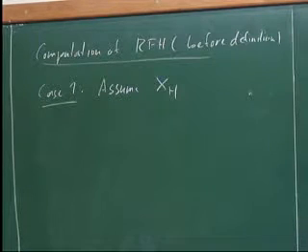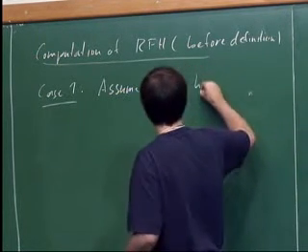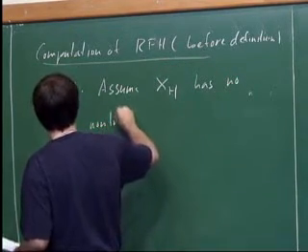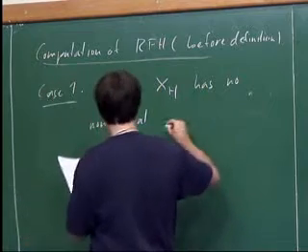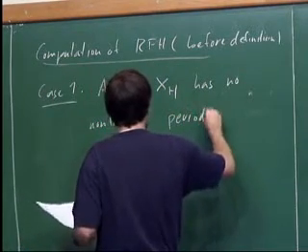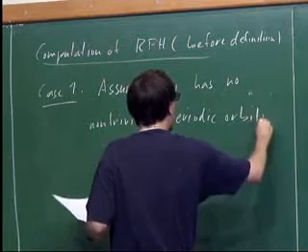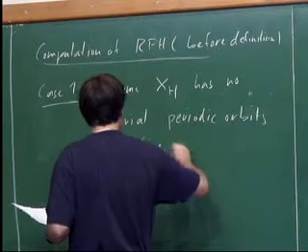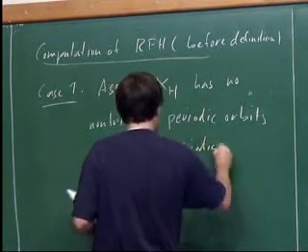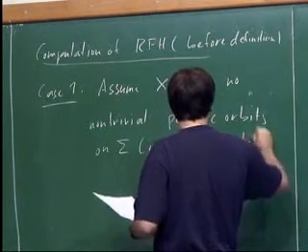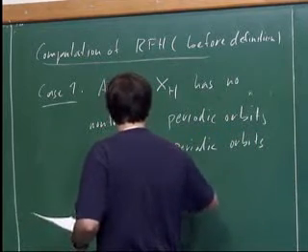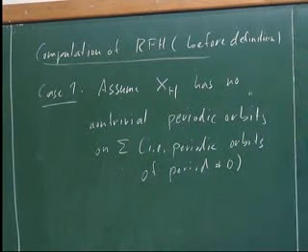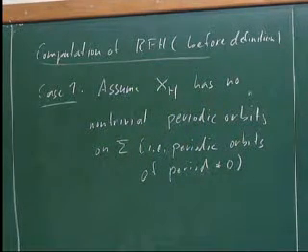Eta is just 0, but assume there are no other periodic orbits of period different from 0. Then what should Rabinowitz Floer homology be?